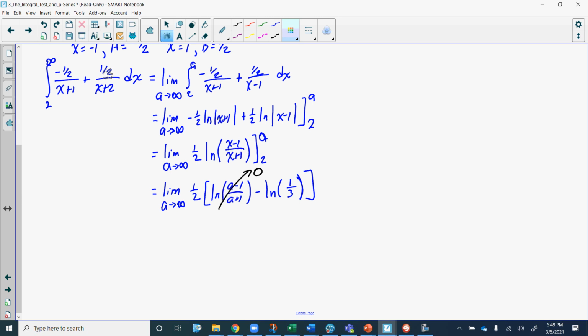I hate it when I do that. It happens, trust me. I should have factored out a negative 1/2. Sorry about that. And so now the negative 1/2 times the negative log of 1/3 will give me a positive natural log of 1/3.